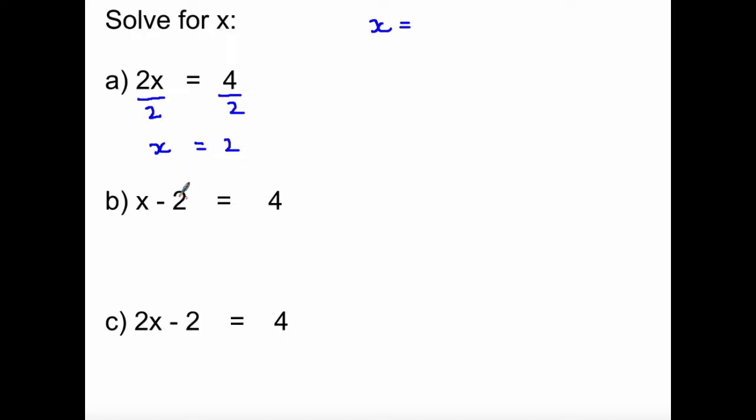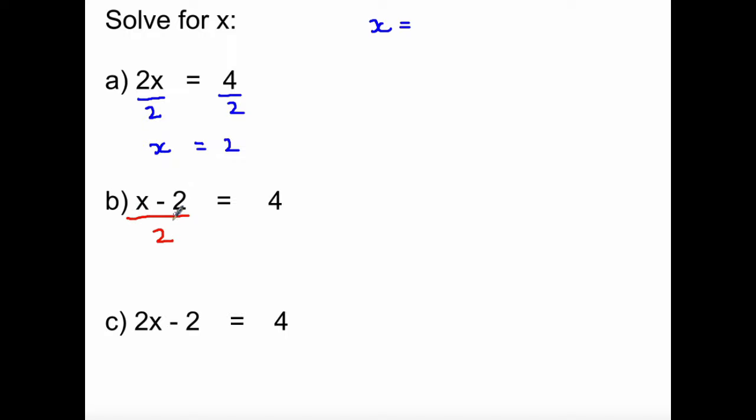So over here, we want to get x by itself. Now I've got x minus 2. In order to remove a negative 2, I need to add 2. Some people think, but you divided here. Well, I divided here to make 1. If I divided here by 2, I have to do it to the whole side, divide by 2.